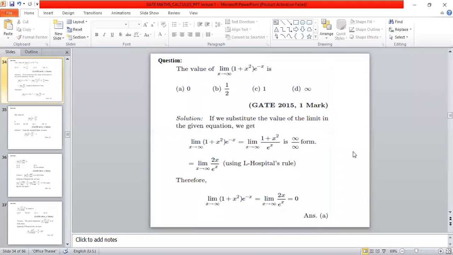That e raised to minus x we can write in the denominator, and substitute the limit as x tends to infinity. So it will be infinity by e raised to infinity, which is infinity by infinity form. So we'll apply L'Hospital: take the derivative of numerator and denominator. The derivative of 1 is 0 and of x square is 2x. So 2x upon e raised to x.